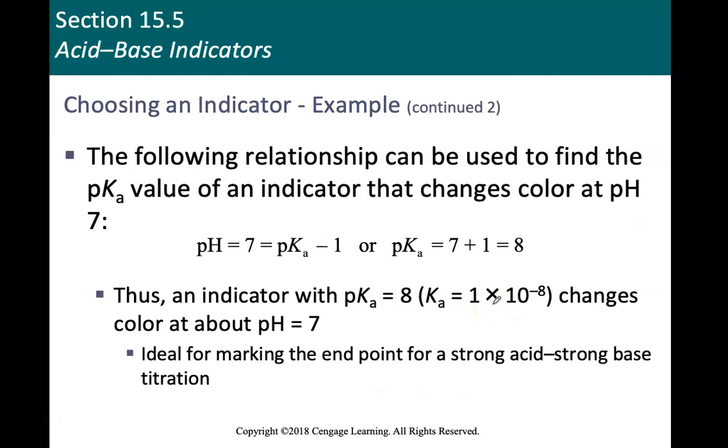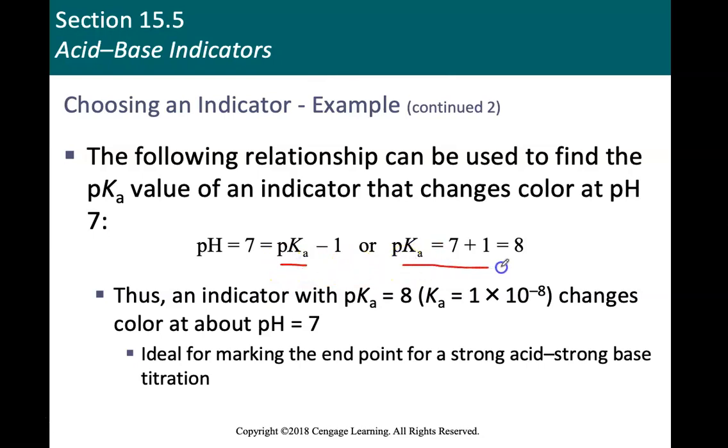Now let's look at the other side. Following this relationship, we can find the pKa value of the indicator that changes color at pH 7. So here we see that the pH is 7, and that's pKa minus 1, or pKa plus 1.